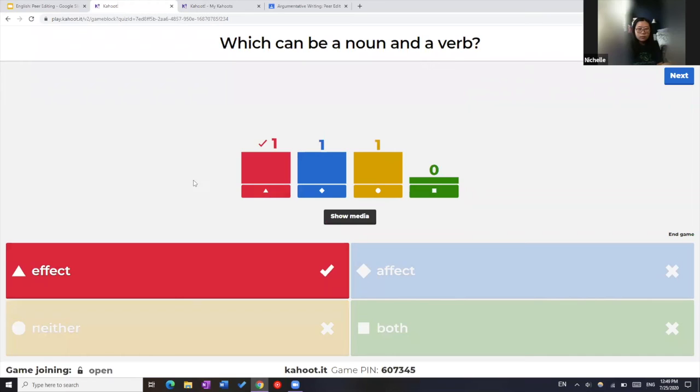So in most cases, people usually use affect as a verb and effect as a noun, but you can also use effect as a verb. Sometimes, for instance, the governor affected the ban. So yeah, this one's a little bit tricky. It's something to keep an eye out for.